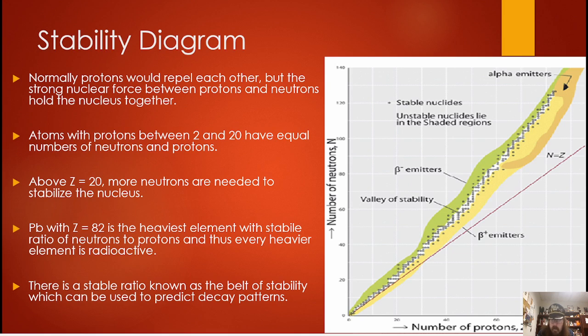And everything above lead in that brownish yellow region are just alpha emitters, and they're just too heavy altogether, and so they give off two protons and two neutrons, and they're essentially moving diagonal down left to try to get back to that belt, back to some sort of region of stability.